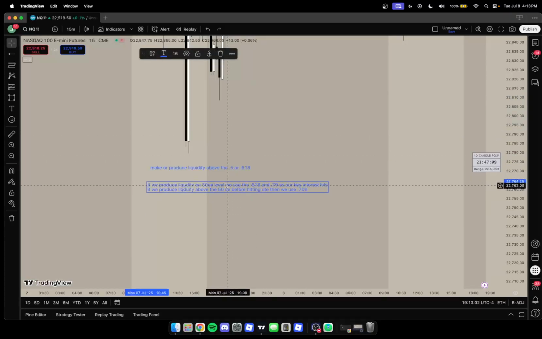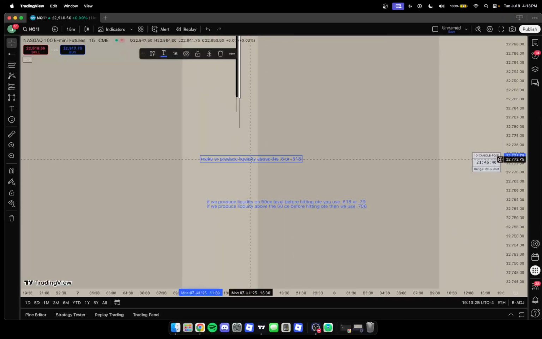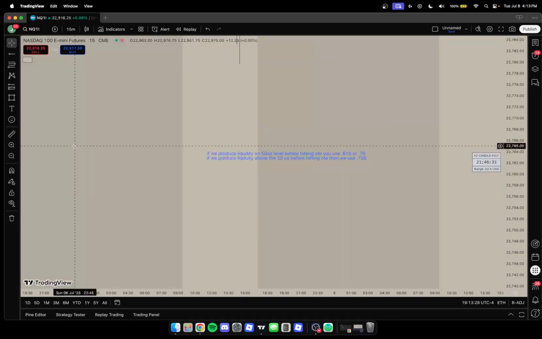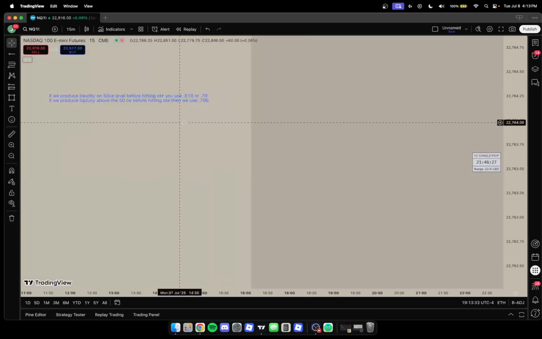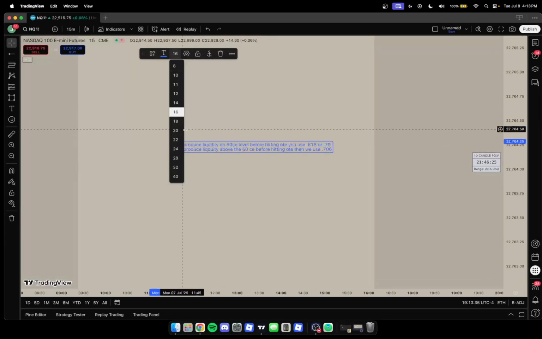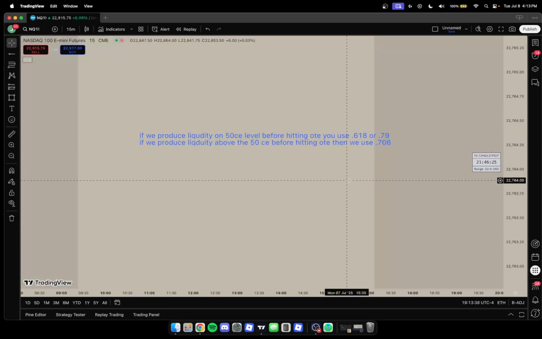And on the 50 CE before hitting OTE, you use 0.618 or 0.79. So bam. Write this down. This is a gem that I've noticed.